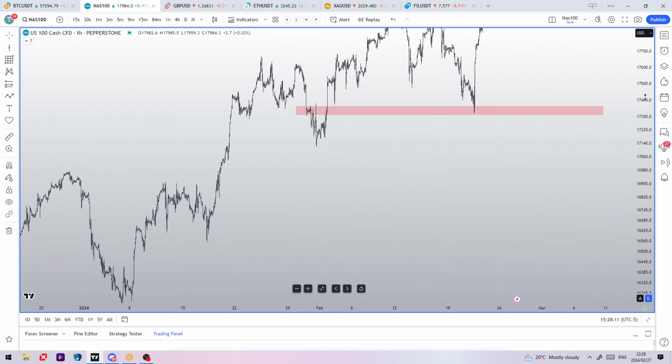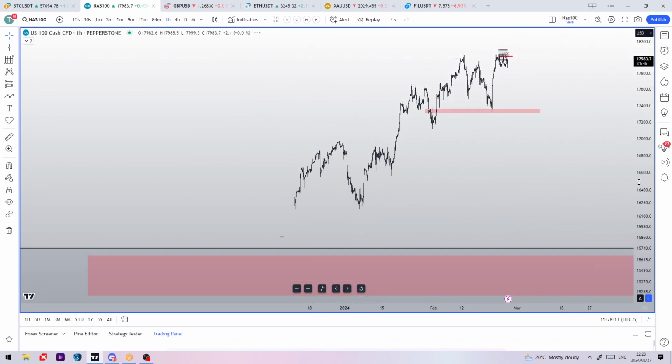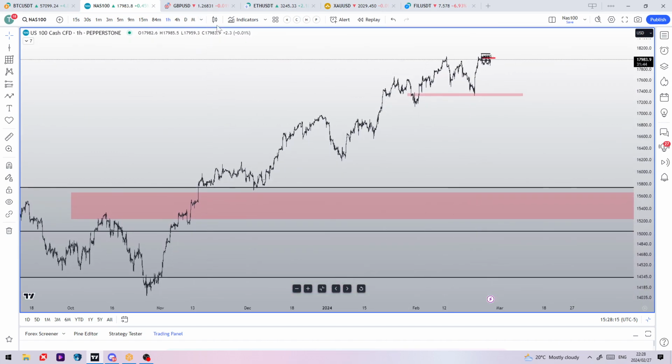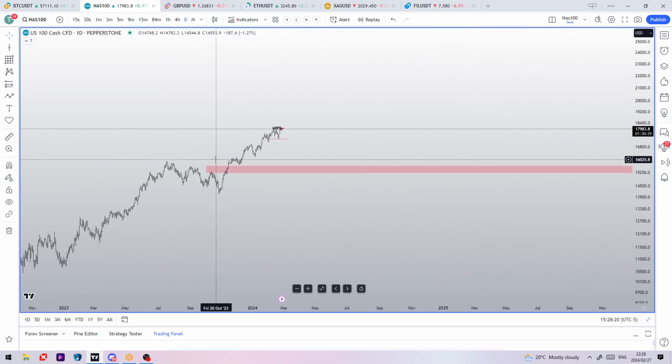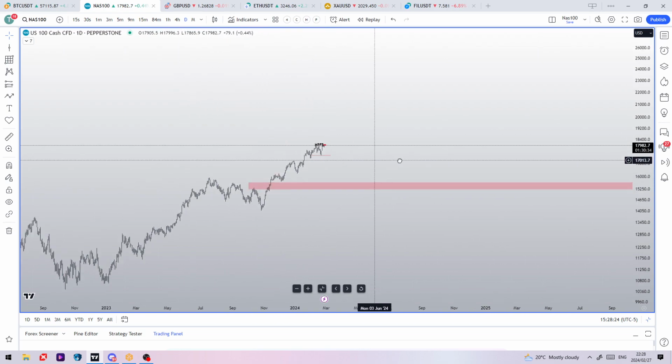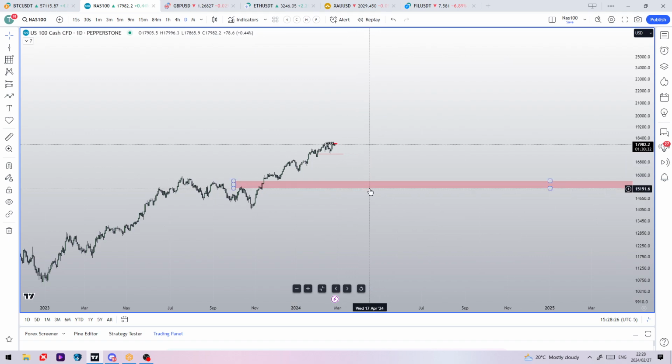Expect all of these to get taken out, all levels, even on a weekly, that have not come back into a previous range of consolidation after we've broken above it. All of these, right? It comes into here.